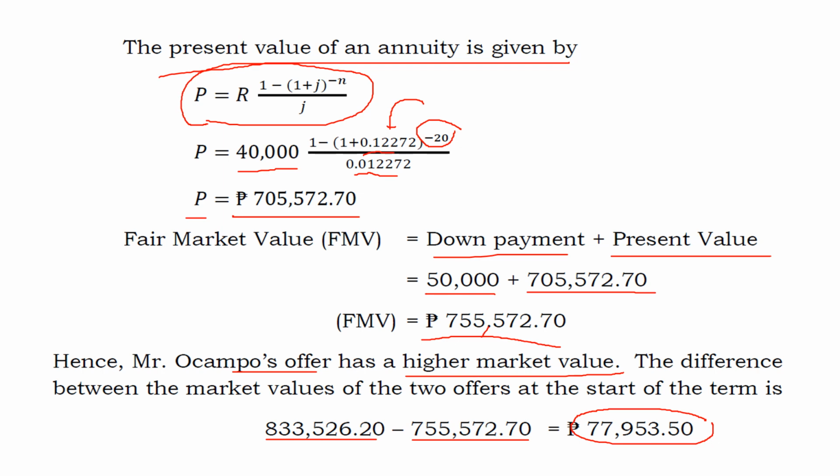So the difference between the market values of the two offers at the start of the term is computed by simply subtracting the fair market value we get for Mr. Cruz's offer from the fair market value of Mr. Ocampo's offer.